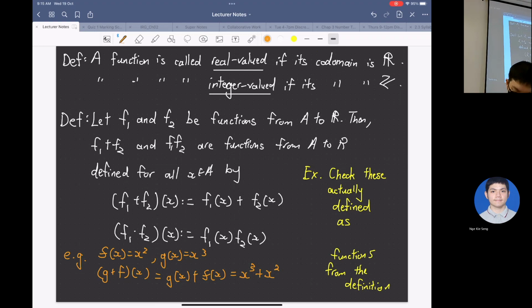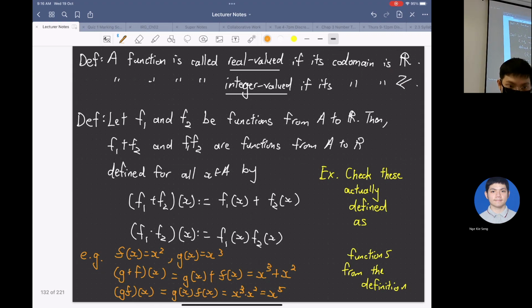And x squared plus x cubed is equal to x cubed plus x squared because of the commutativity of the addition. How about gf(x)? gf(x) is g(x) times f(x), which is x cubed times x squared, which is x to the power of 5.